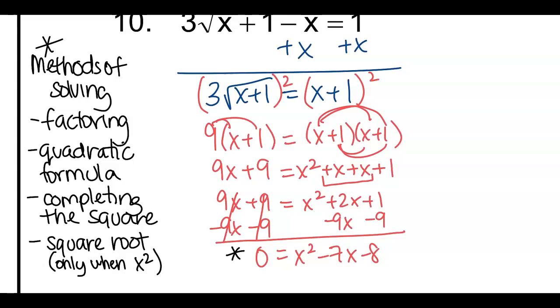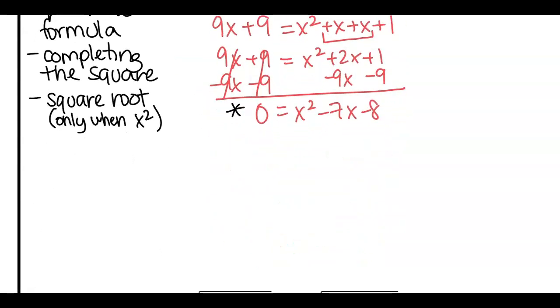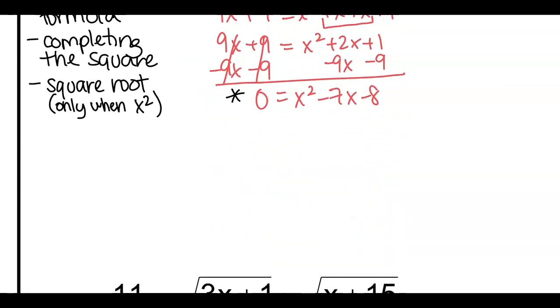All right, you guys told me factor. Y'all can factor. Factor that. Go ahead and factor. All right, so we're going to go ahead and factor. So underneath it, I need to find two numbers that multiply to -8 but add up to -7.